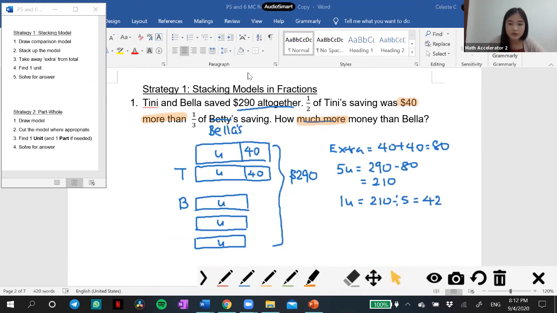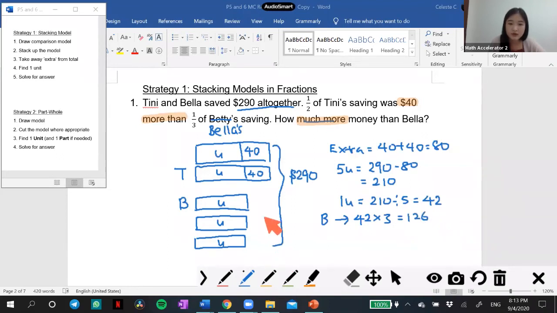That's 1 unit. Okay, so how much more money does Bella have? Right, Bella, let's find out how much does Bella have first. Bella has 3 units. So 42 times 3. 126.